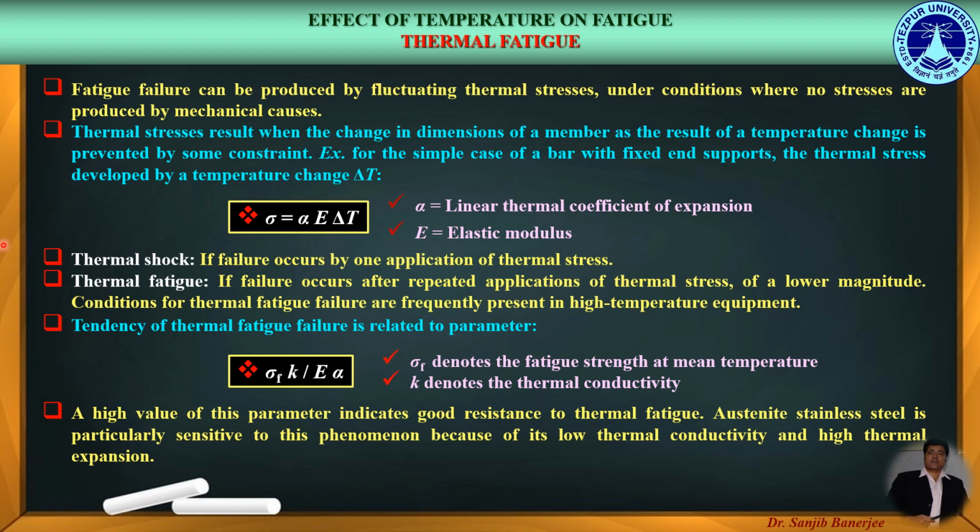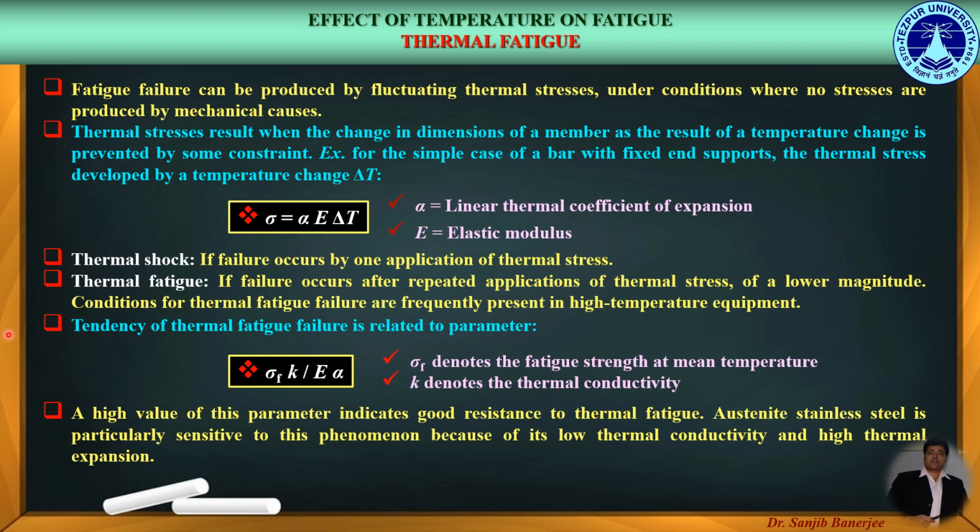Now, if failure occurs by one application of thermal stress, the condition is called the thermal shock. Whereas if failure occurs after repeated applications of thermal stress of a lower magnitude, it is called the thermal fatigue. Conditions for thermal fatigue failure are frequently present in high temperature equipment.